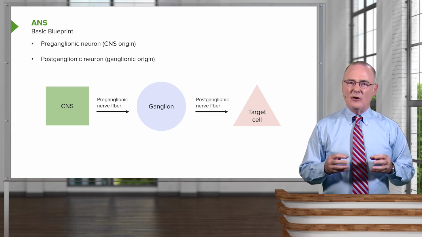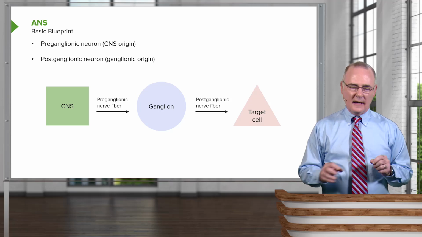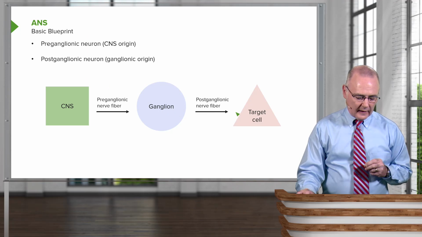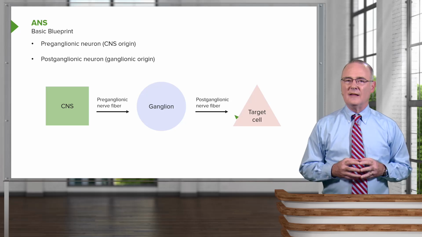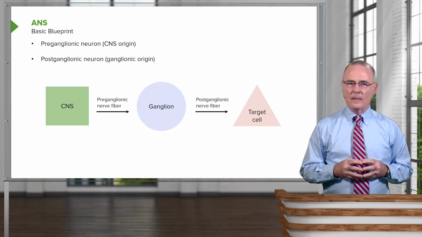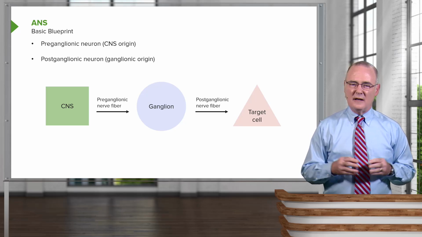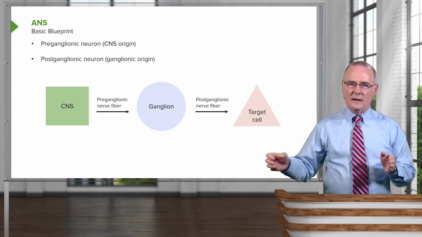Within the ganglion, you have the nerve cell body for the postganglionic neuron, and that postganglionic neuron then will extend its axon or nerve fiber further out to the periphery, where it will innervate the target cell. In the sympathetic nervous system, preganglionic nerve fibers tend to be short, postganglionic nerve fibers are long.